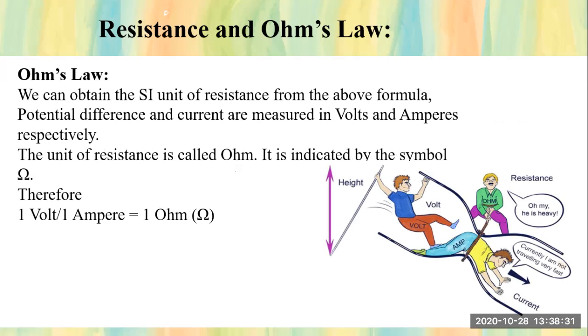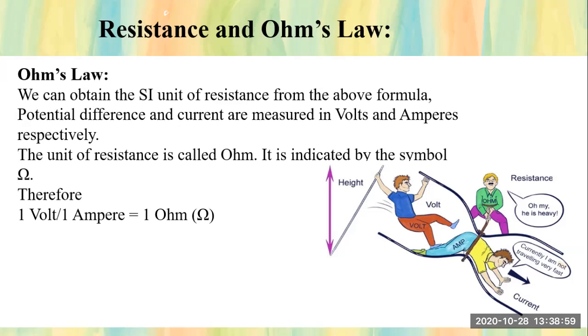Before going to that, from Ohm's law we can obtain the SI unit of resistance from the formula. Potential difference and current can be measured in volt and ampere respectively. The unit of resistance is called Ohm. It is indicated by the symbol Ω.